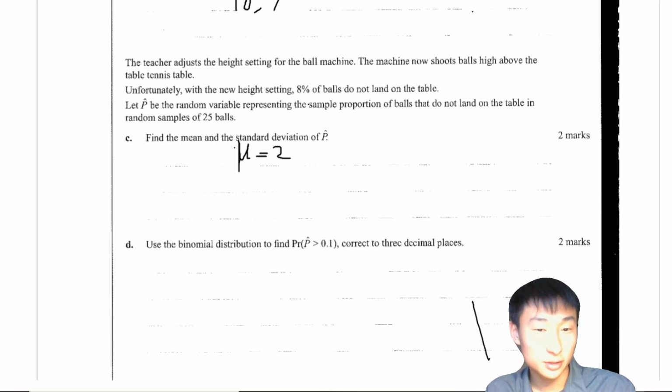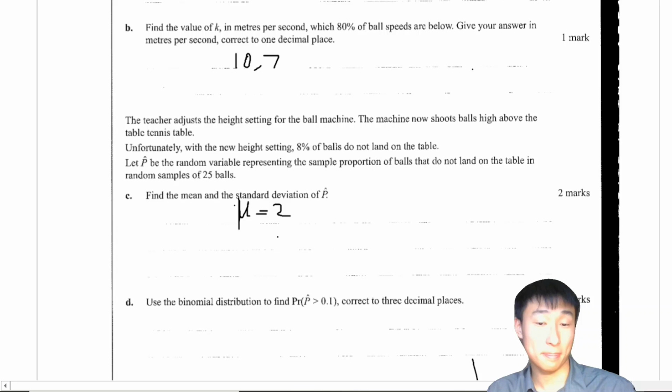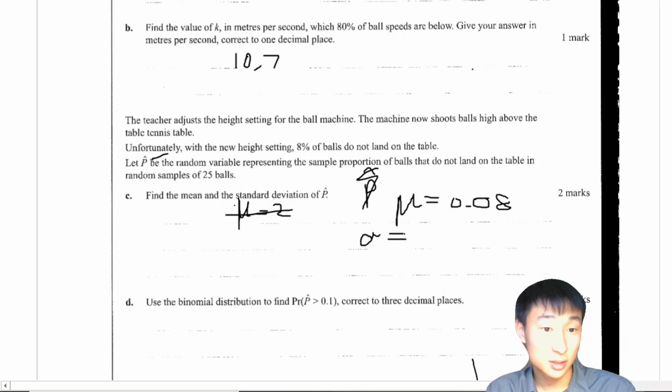How do I do this? Standard deviation. Oh no, sorry. The mean is, p hat is the distribution, so the mean is 0.08, because that's the mean. Standard deviation. Is there a formula for this?